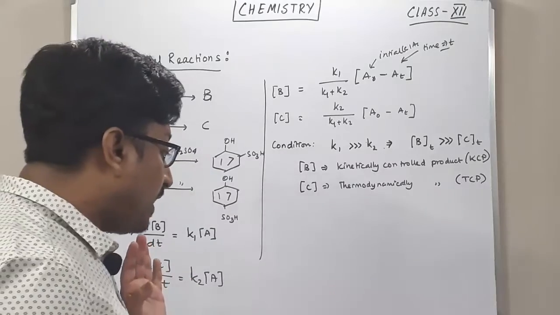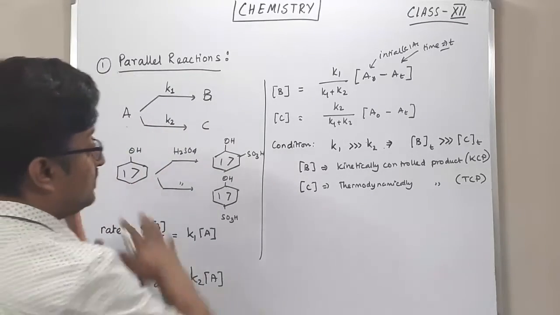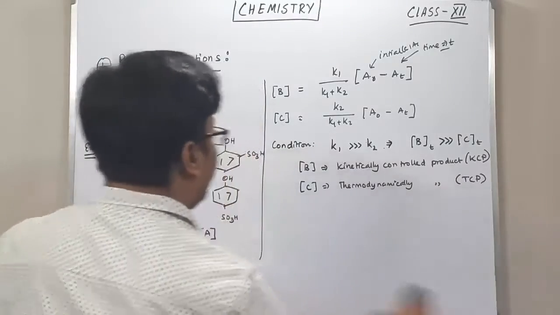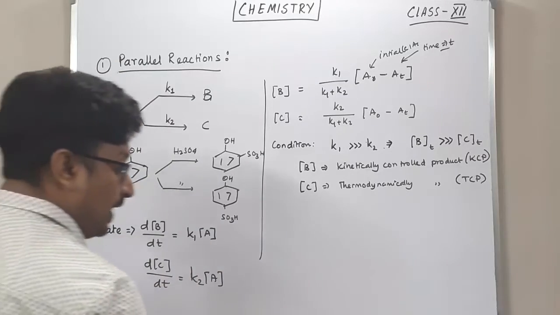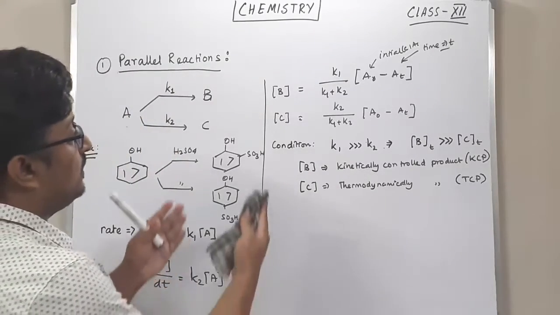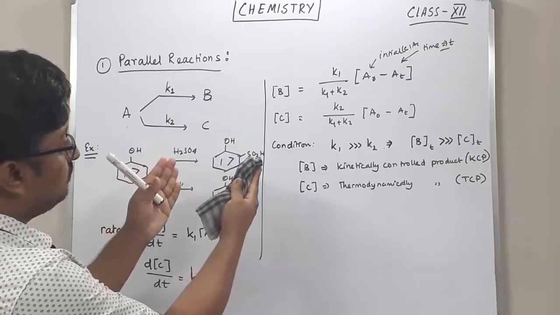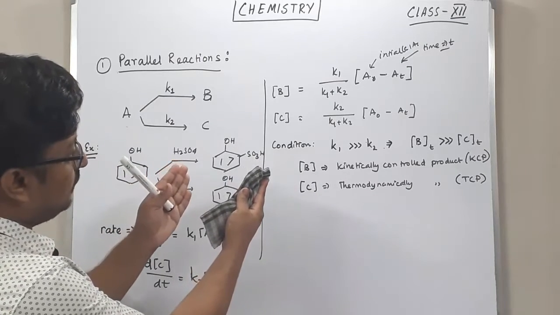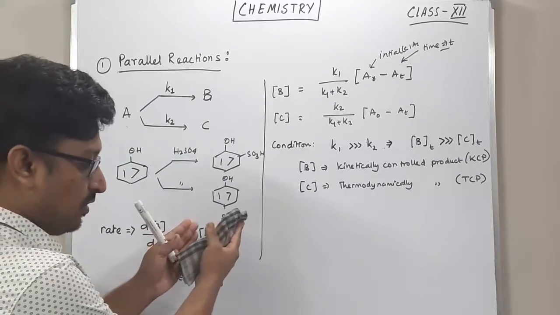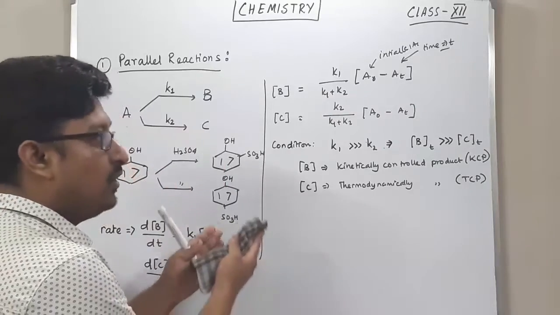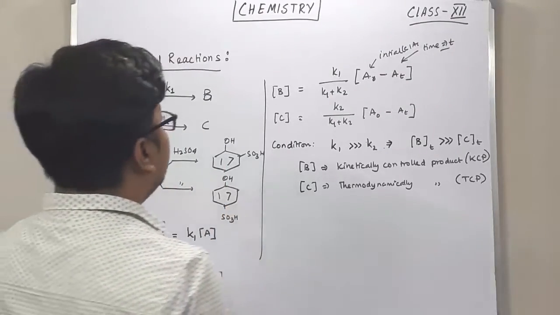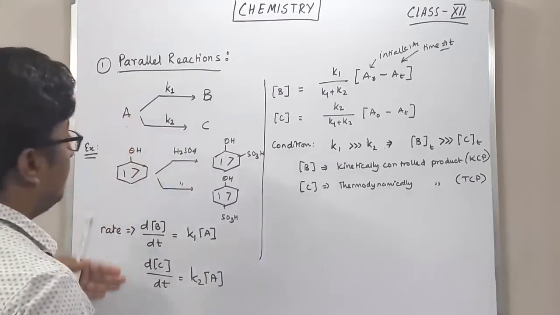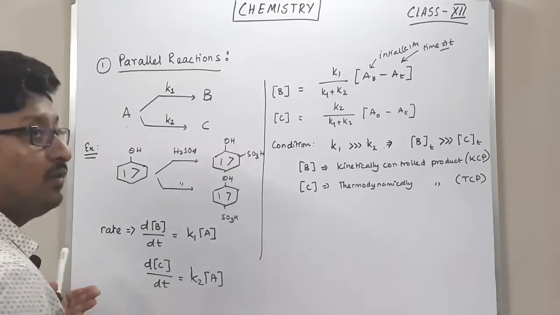Now coming to the point, this reaction and all. If I plot the concentrations of the components with respect to time, so definitely these all are first order reactions, no doubt in that.